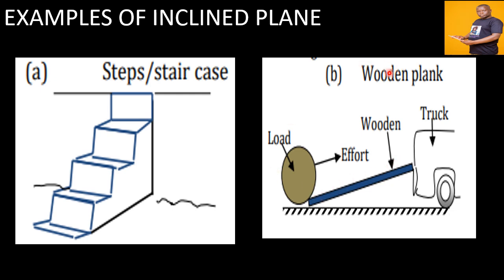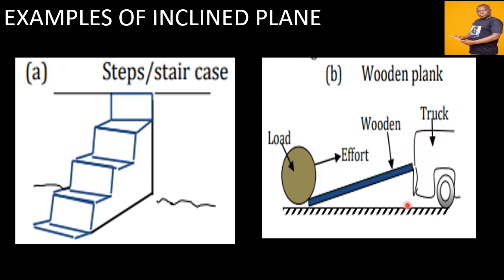A wooden plank. So staircases, which are also known as steps, and the wooden planks, all right? They are both examples of inclined plane, all right? So all you have to do is push this through this ramp, through the plane there, and you get the body into the truck there.